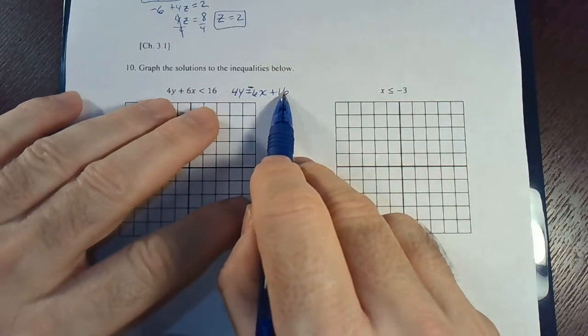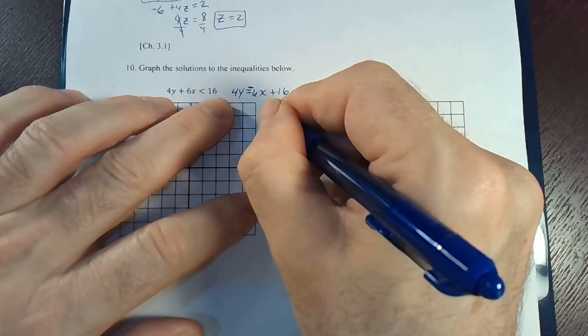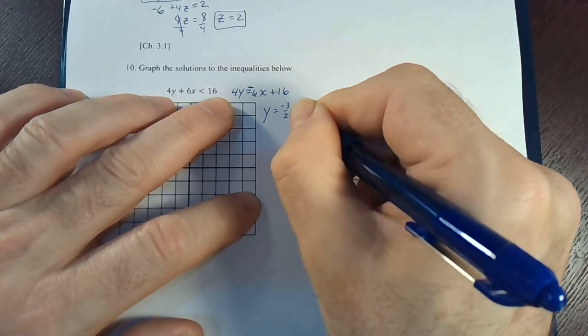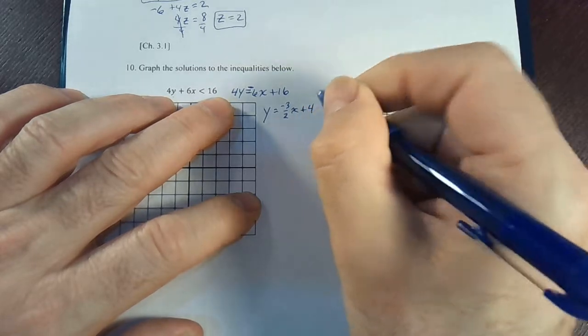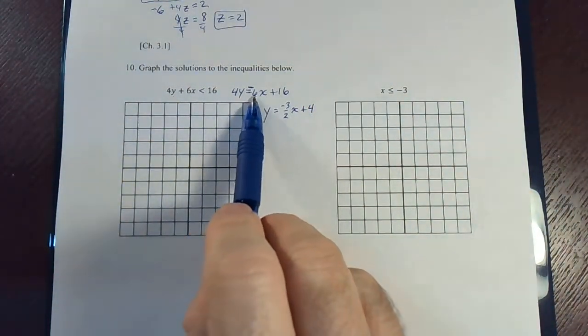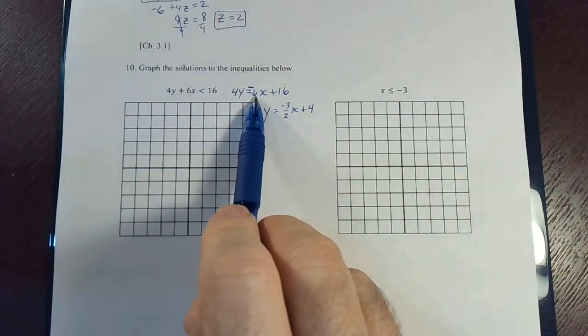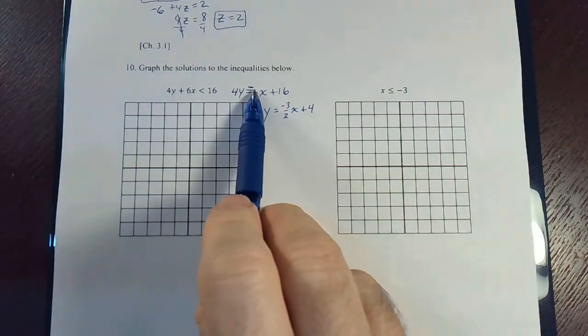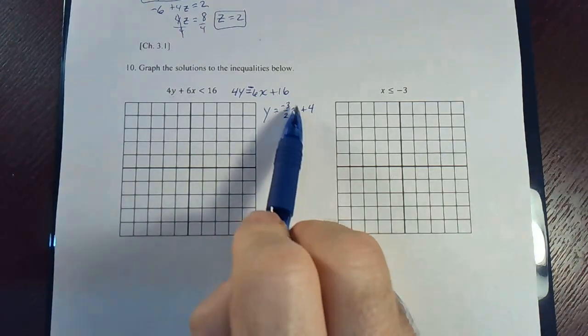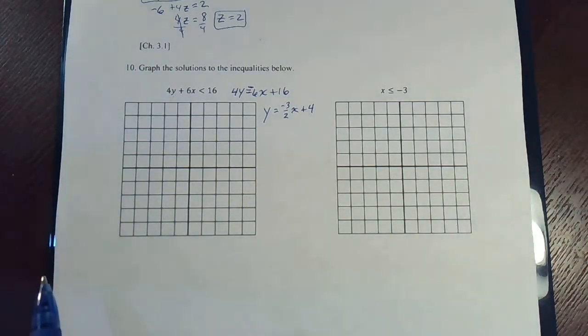And then we divide everything by 4 to get y equals negative 3 over 2x plus 4. I divided everything by 4. 6 over 4 is 3 halves. That's where this came from. Negative 6 over 4 is negative 3 halves. And then 16 divided by 4 is 4.